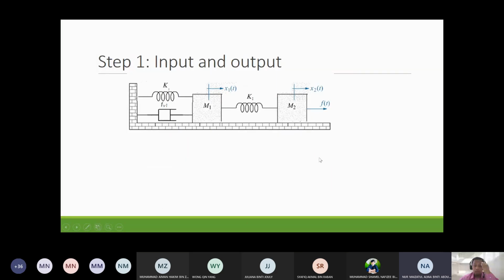Okay, firstly, we need to decide the input and output for the system. So the input is usually or always the force. Okay, so here the force Ft is applied on M2. So when we pull M2, M1 will also move.